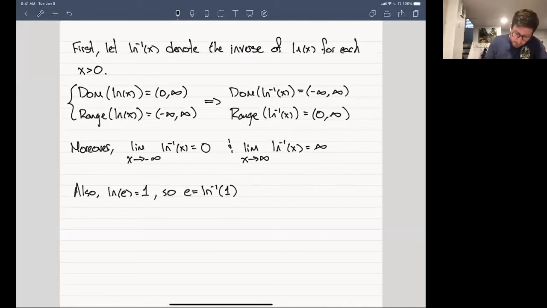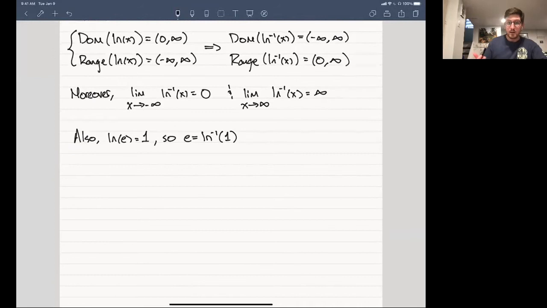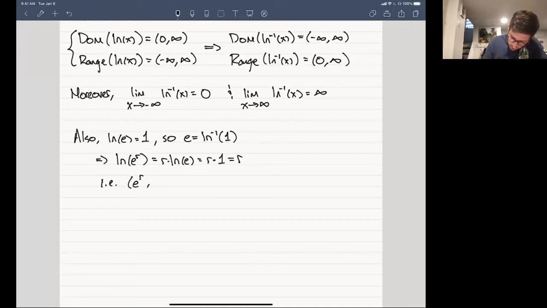So also, this can be extended. Because now we know that if we raise e to any power, say r, ln of e to the r is the same as r times the ln of e, which is r times 1, which is just r. So this tells me that (e to the r, r) lies on the curve y equals ln of x.